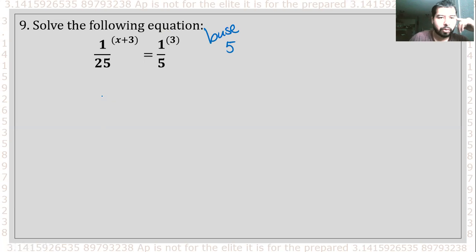Now, we're going to see that they already came with exponents on their own, but I'm going to try my best to make sure that they are still equivalent to 5 to some power. So ideally, I have 5 to the x plus 3, which is equal to 5 to the third.